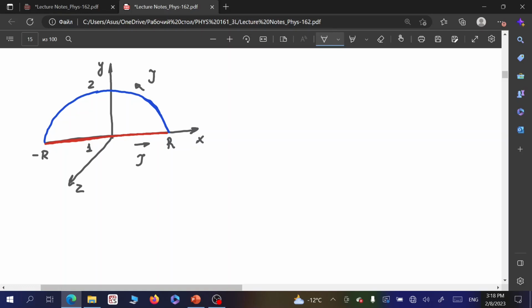Now let us figure out what will be the direction of the magnetic force exerted on conductor 1 if we place this current loop in an external magnetic field B oriented along axis y, so perpendicular to the xz plane. It goes up. So what is the direction of current? It flows along axis x in conductor number 1, this red one.